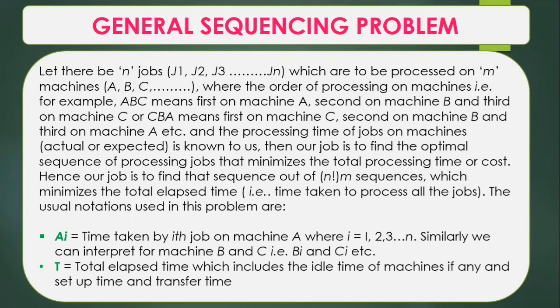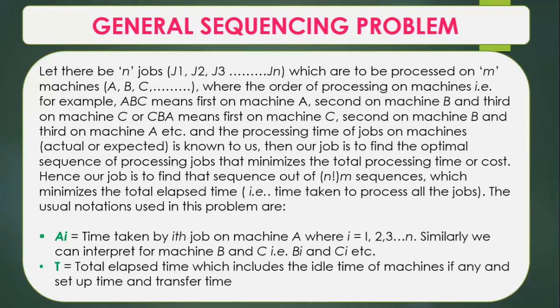We have A, B, C, and so on, where the order of processing on machine, for example, ABC means first on machine A, second on machine B, and third on machine C. Or CBA means first on machine C, second on machine B, and third on machine A, etc.